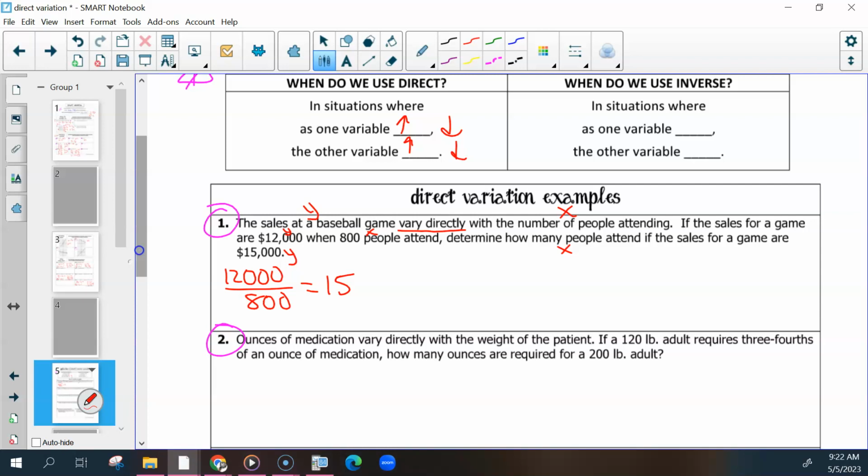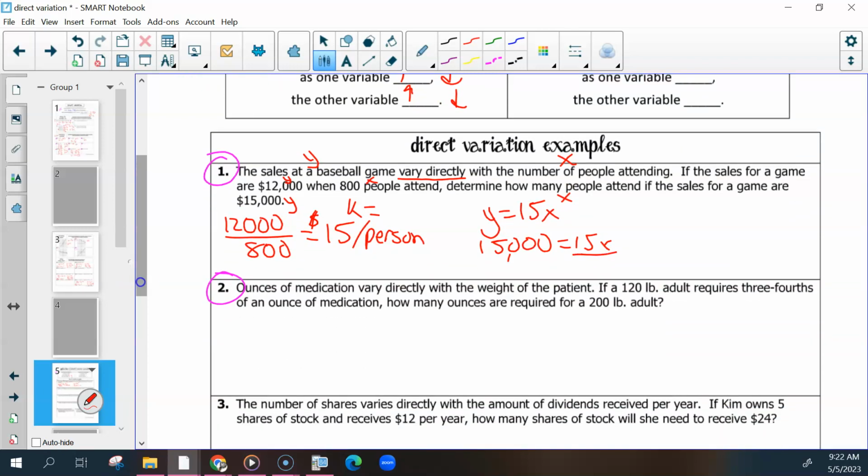This would be dollars per person, is how you could think about that. Then you could use your k value to write an equation, y equals 15x. We're looking for the amount of people, so x, and we have 15,000. Put 15,000 in for y, and solve for x.